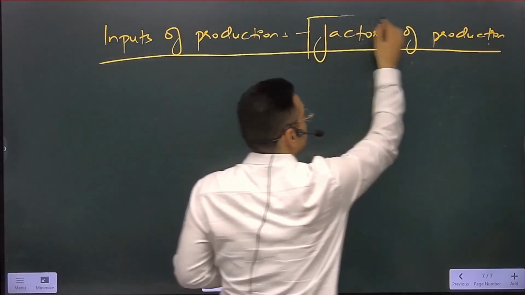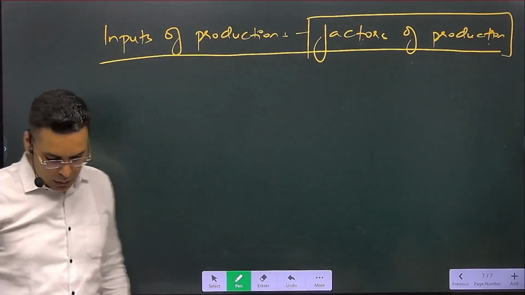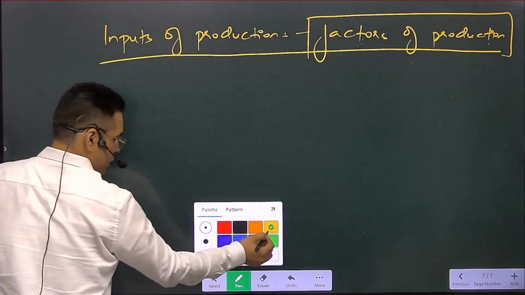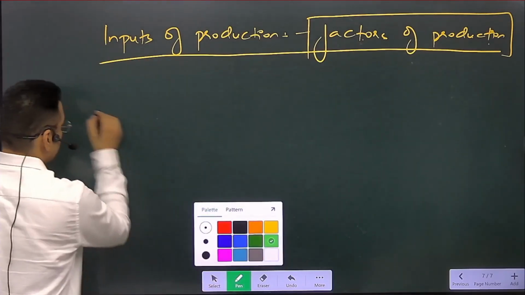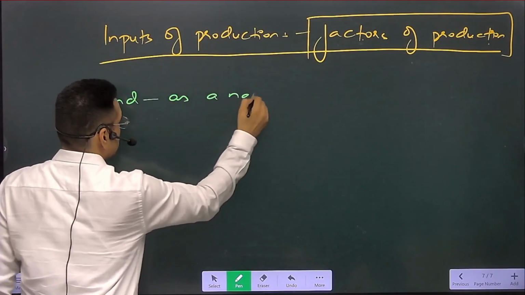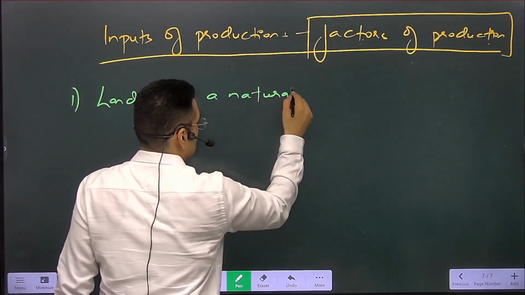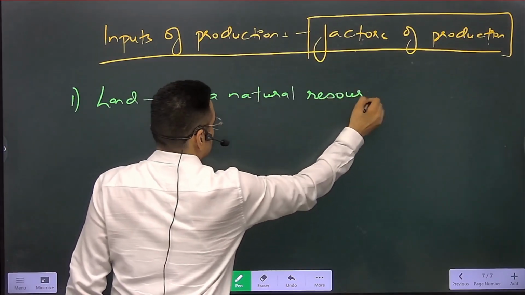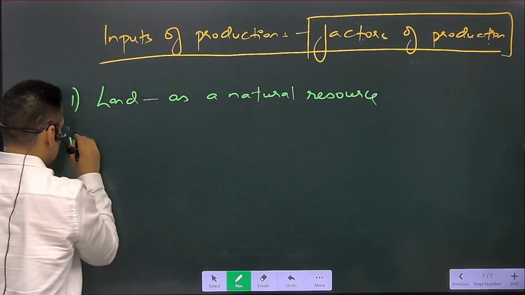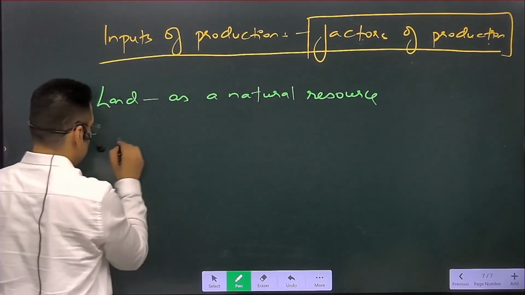Okay. The first factor of production is land. Land as a natural resource. Then you have labor.